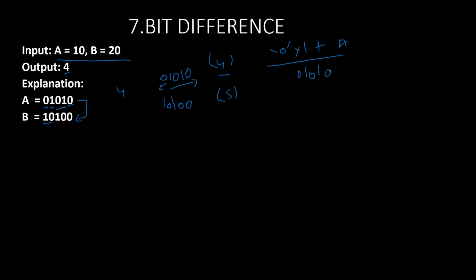Now this is for one example. There can be an example where you get only 2 bits here. Just take 2 as an example. Let's suppose A is 2. If you convert 2 into binary, you get 1 0, which is 2 here.